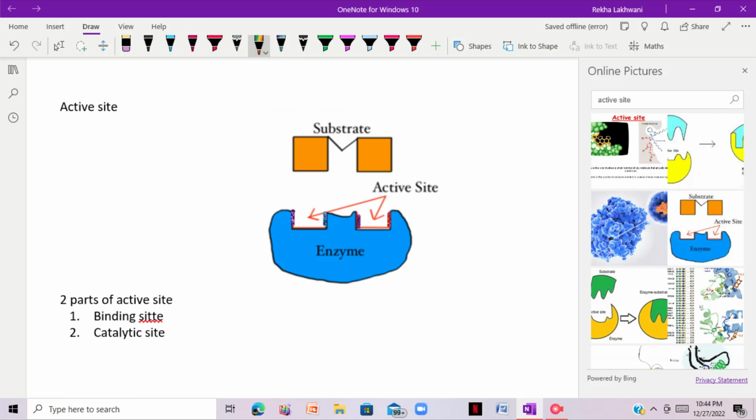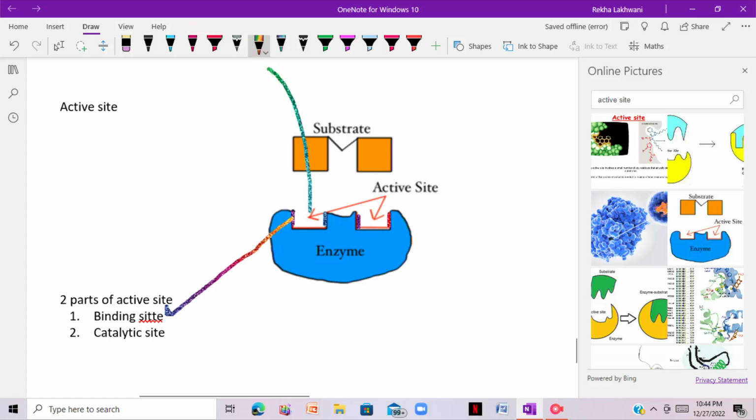But the site which actually catalyzes the reaction is known as the catalytic site, and this particular region is the catalytic site.